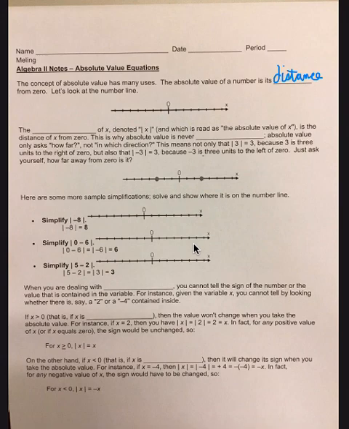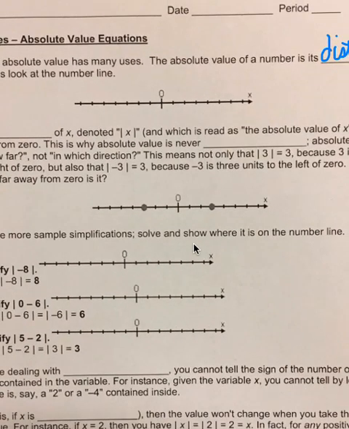So if we look at the number line, we can see we have a number here that is 4 away, and then even if we're at -6, that one is just 6 away. So we're not -6 away, I'm 6 away.